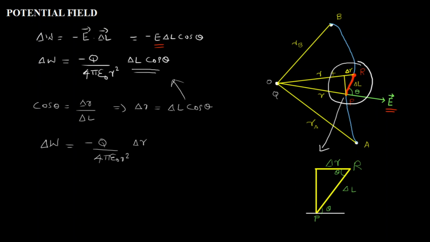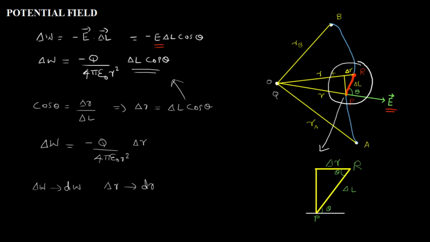So I will use the same trick here. I put delta W as infinitely small dW, and delta R as infinitely small dr, because if the path is very small, this delta R is going to be still smaller.